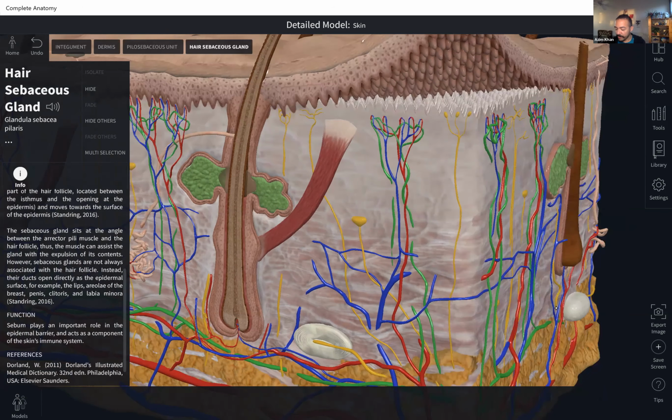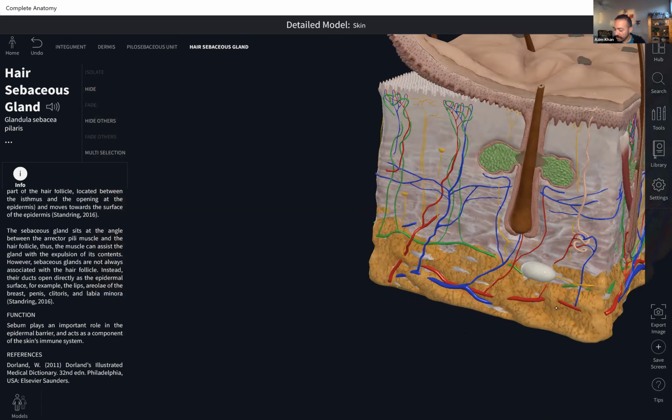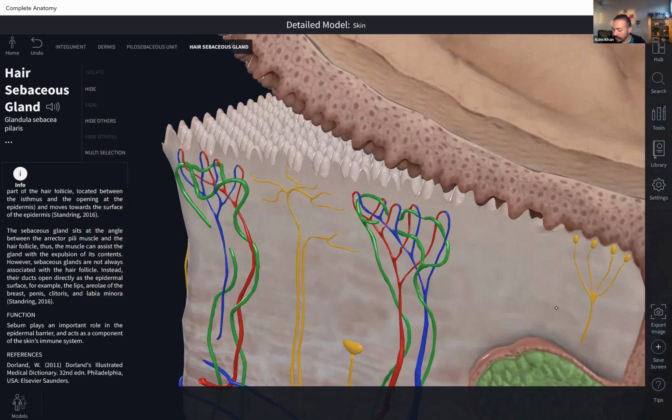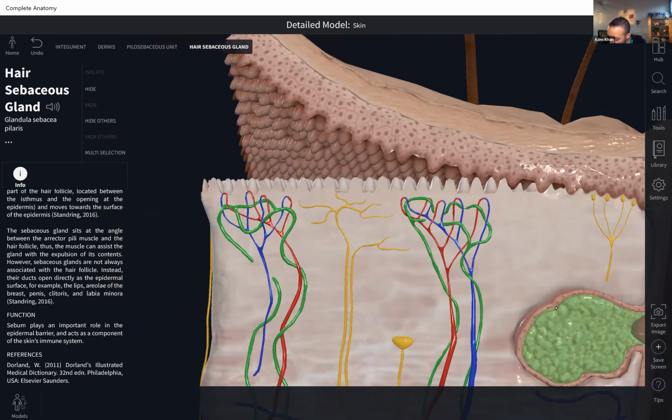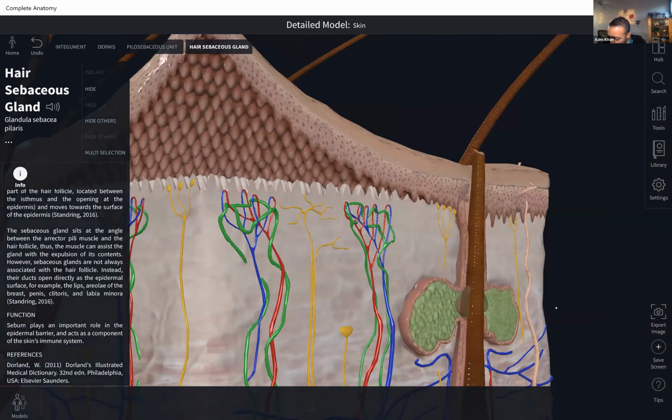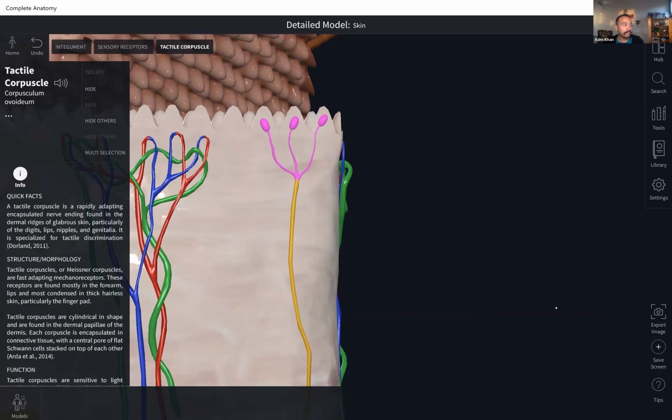You can see it in 3 dimensions. You can see the different layers, the papillae. You can see Meissner's corpuscles right here. Call them tactile corpuscles, same thing. So there's a lot of resources out here. I don't want you to get too overwhelmed, but they're there if you need it.